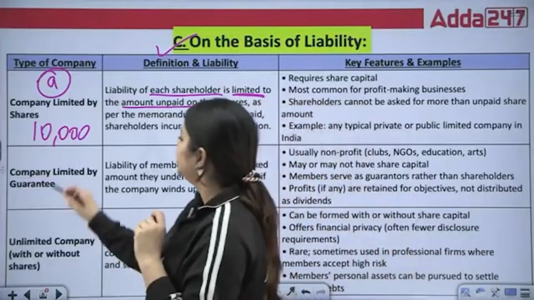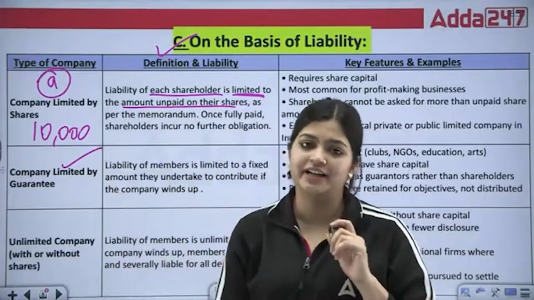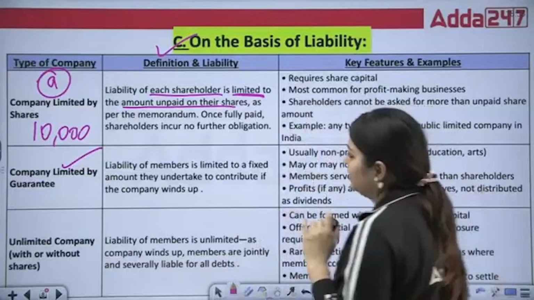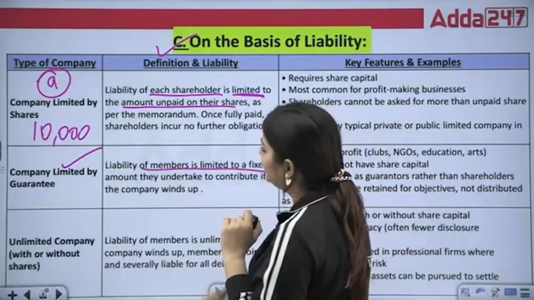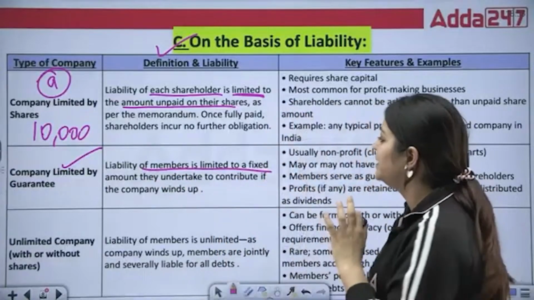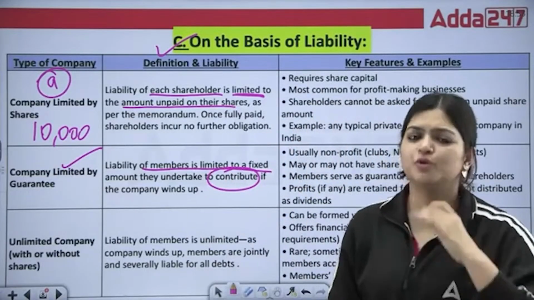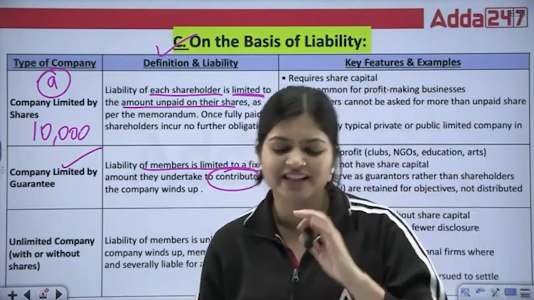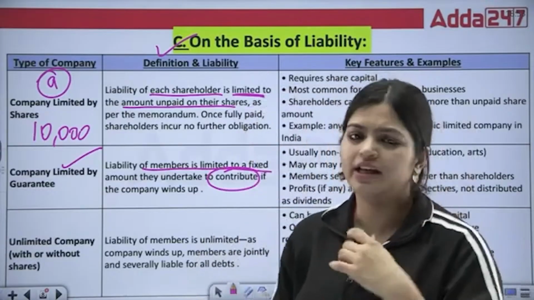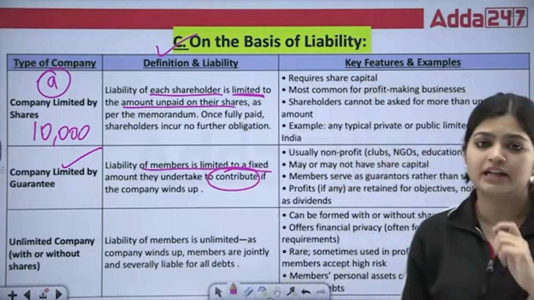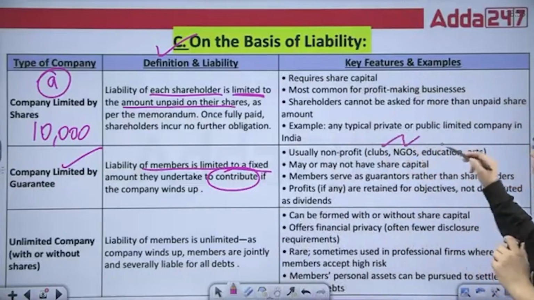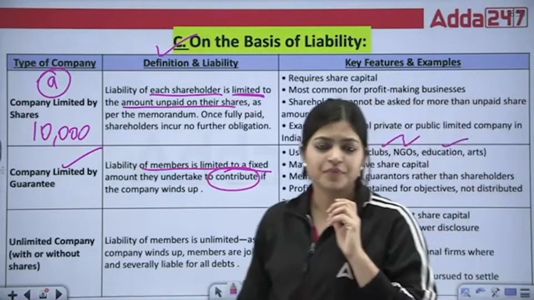Correct? Then you have company limited by guarantee. Limited by guarantee means your liability is fixed based on the amount you have contributed if the company winds up. Suppose you start an NGO, a social welfare company like clubs, NGOs, or educational or arts organizations.